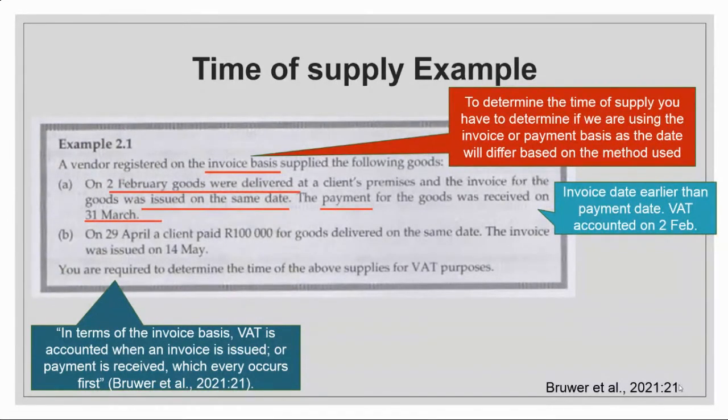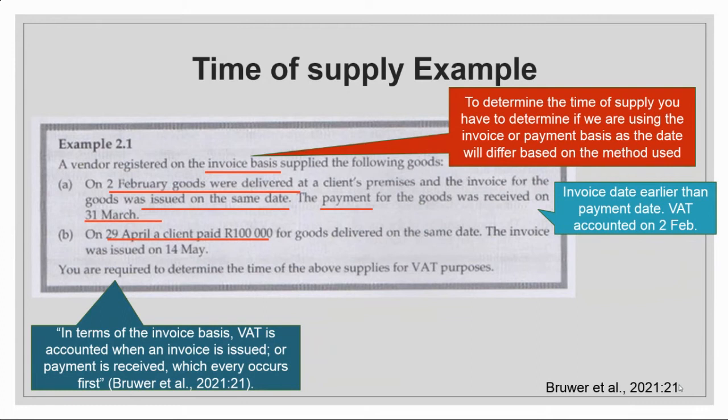Now, why it's important to note this rule is if I have to do a 2-monthly return, for example, and my returns run from Jan to Feb and then March to April. If I do not apply this rule correctly, I would actually account for the VAT in the incorrect month. And then there might be additional penalties levied on it. So this is why this is important.